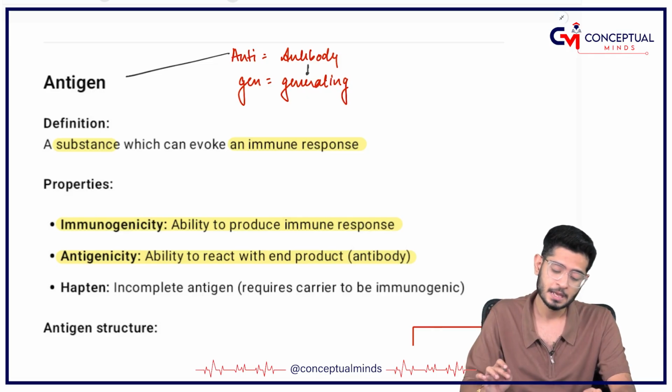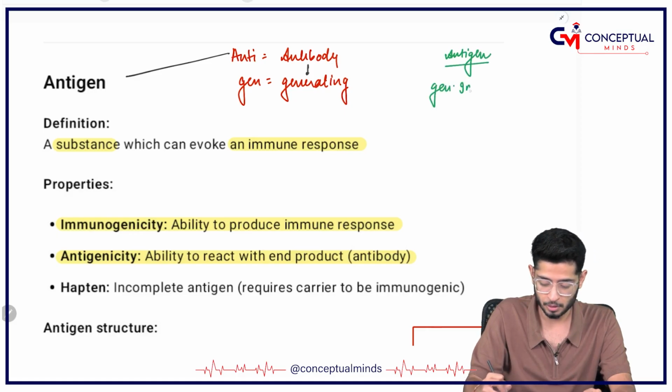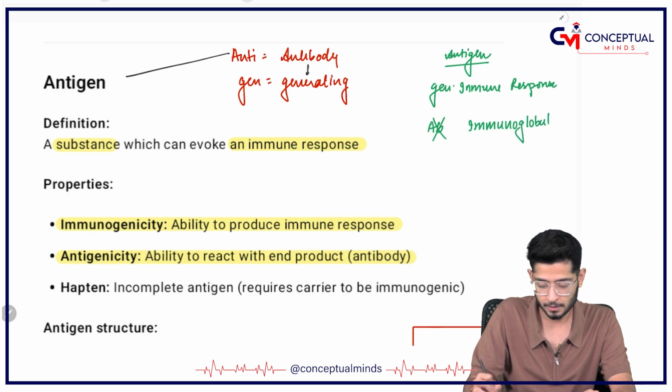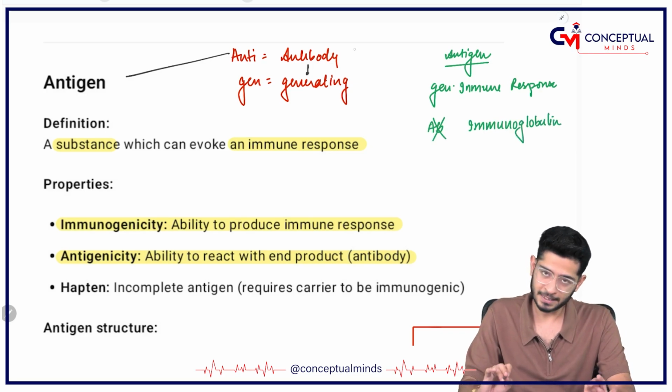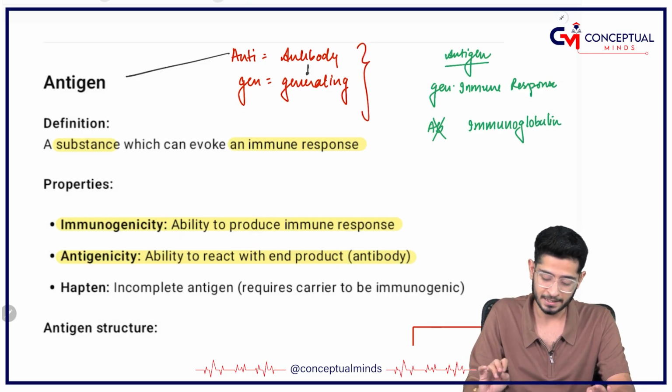But in the literal sense, an antigen is capable of generating the immune response, and once it generates the immune response, it is going to generate not the antibodies but the immunoglobulins. So antigen means antibody generating, but not directly.